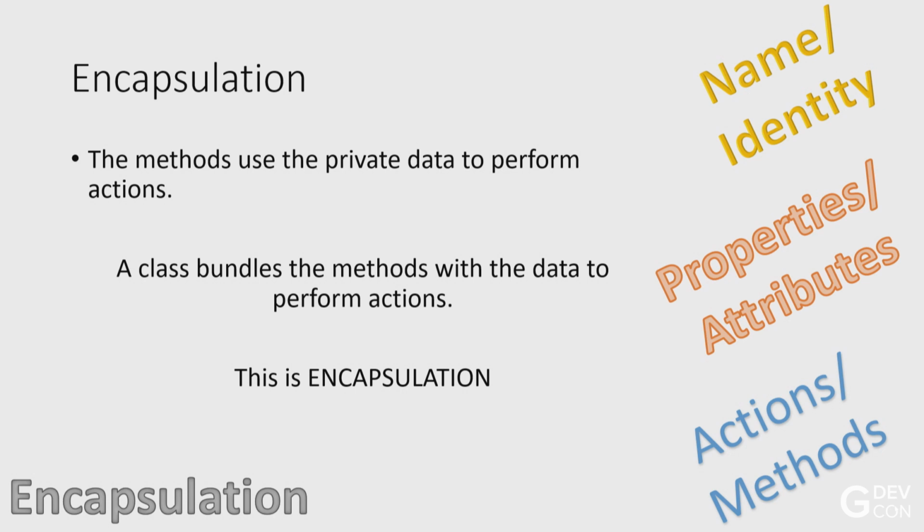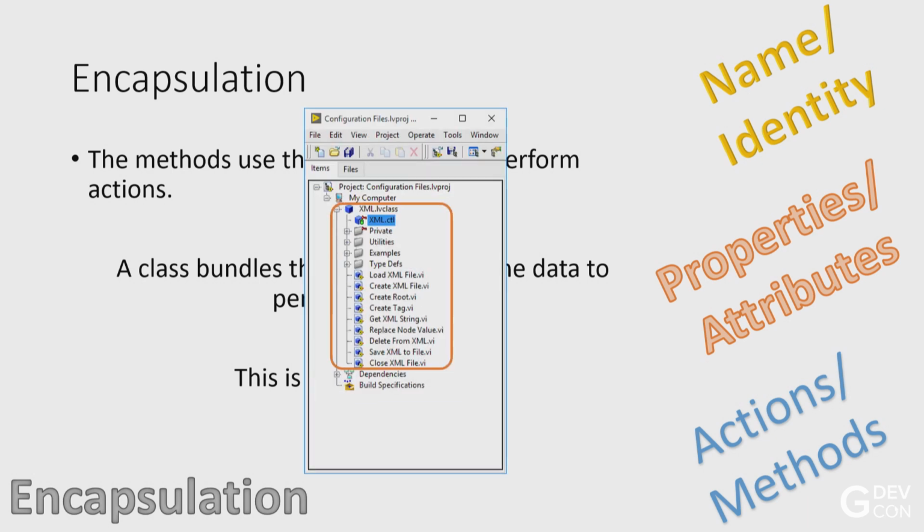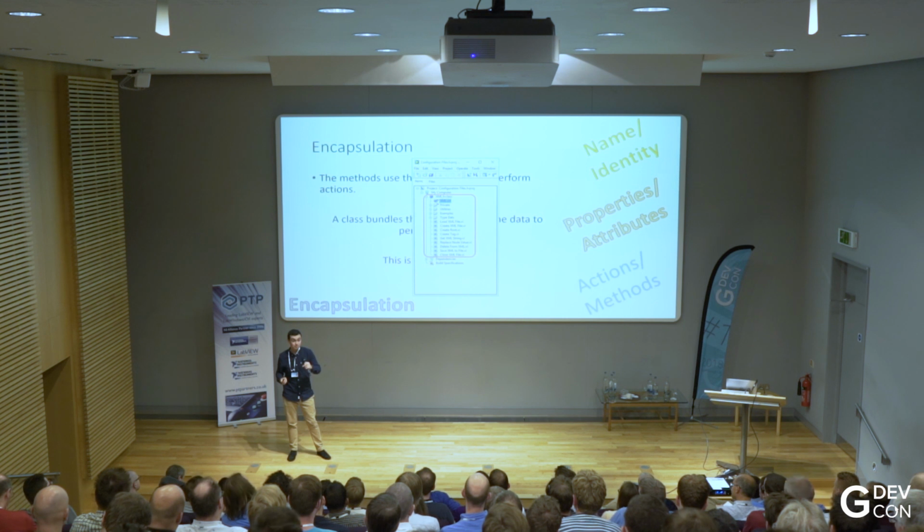Okay, now, so we've encapsulated the methods here with the private data of that class. Now, the key thing here, again, what Daniel said, is that this private data, well, it's private, which means no other VIs can actually access this XML data.